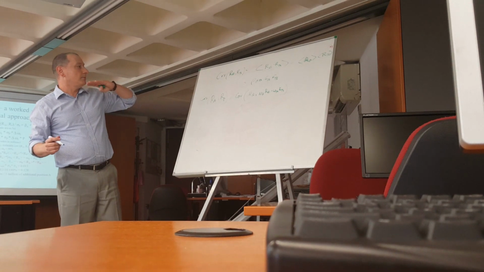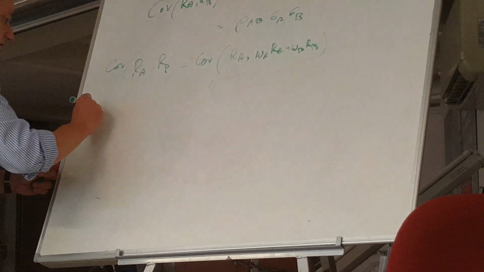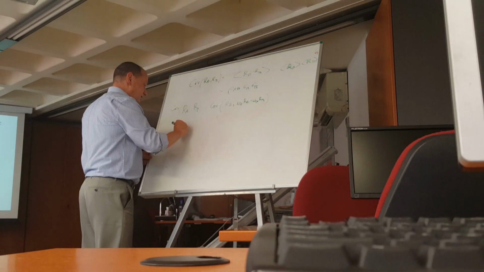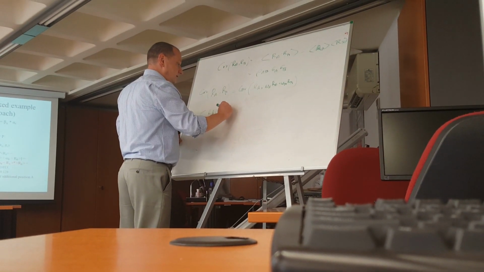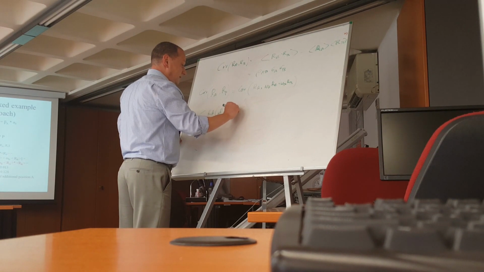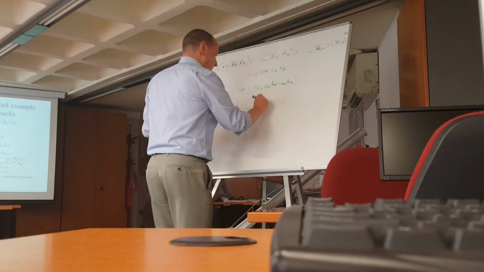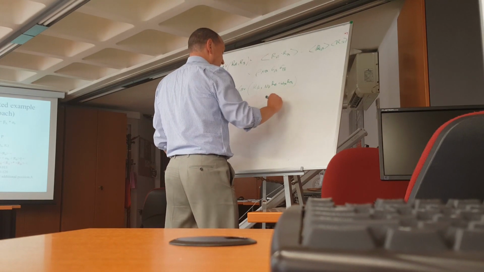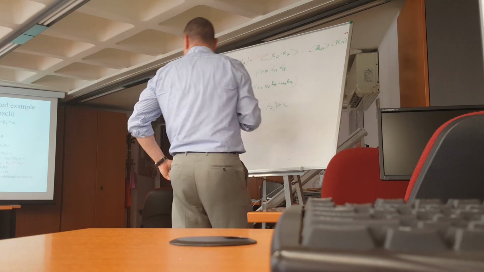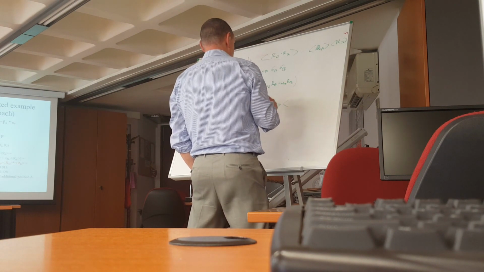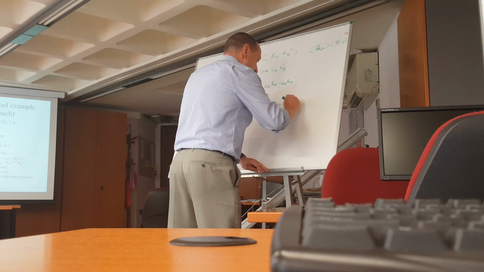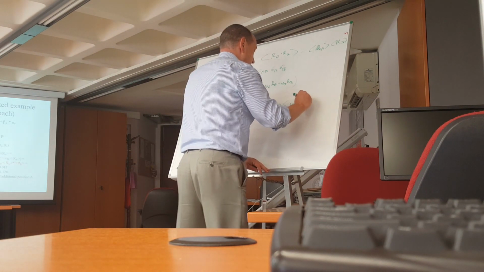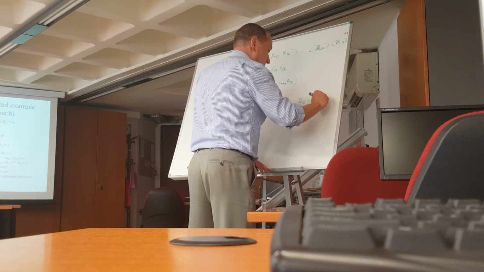and let's just go in by brute force and apply definitions. So this is the expected value of omega A RA plus omega B RB, minus the expected value of RA times the expected value of omega A RA plus omega B RB.